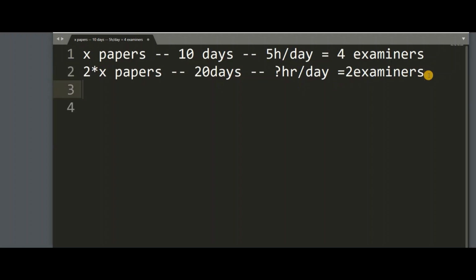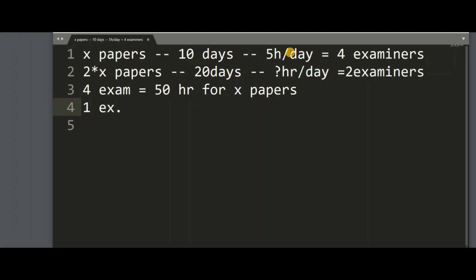So let's see. So 4 examiners take a total of 50 hours, 10 days into 5 hours per day. So in total they will take 50 hours for X papers. So one examiner takes 50 into 4 hours. So that is 200 hours for X papers.